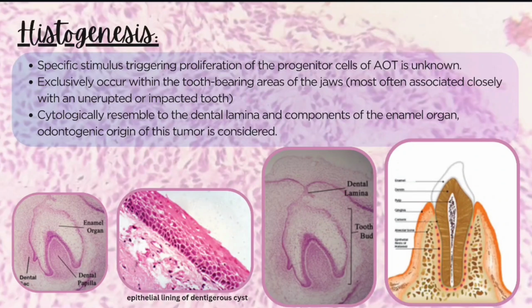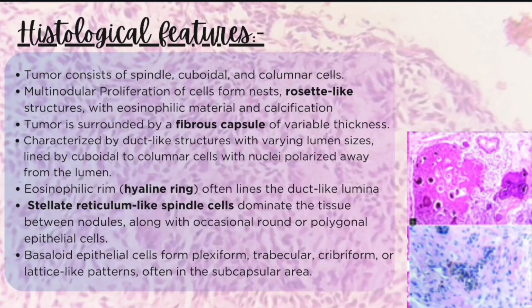Odontogenic origin of this tumor is considered. Histological features include: the tumor consists of spindle, cuboidal and columnar cells. The multinodular proliferation of cells form nest rosette-like structure. Rosette-like structure means flower-like structure that is found in case of rose, or you can see in other flowers also, with eosinophilic material and calcification.